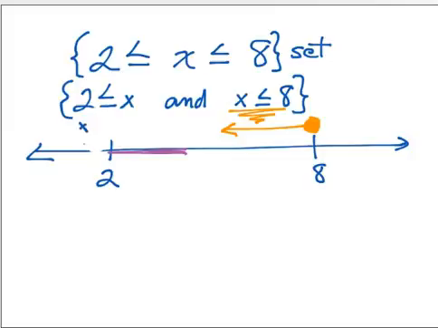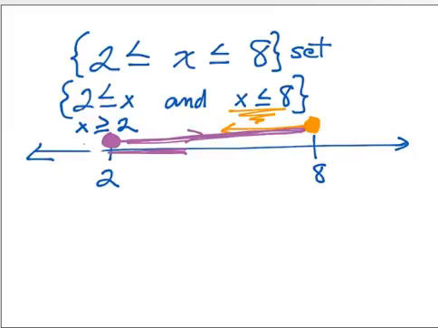So this is x is greater than or equal to 2. Numbers bigger than 2. And again, we're going to put a circle at 2. Why are we going to color it in? Because it has an equal sign. And we are looking for numbers bigger than 2. So we're looking for this. So we know that the answers are between 2 and 8 and equal to 2 and 8.